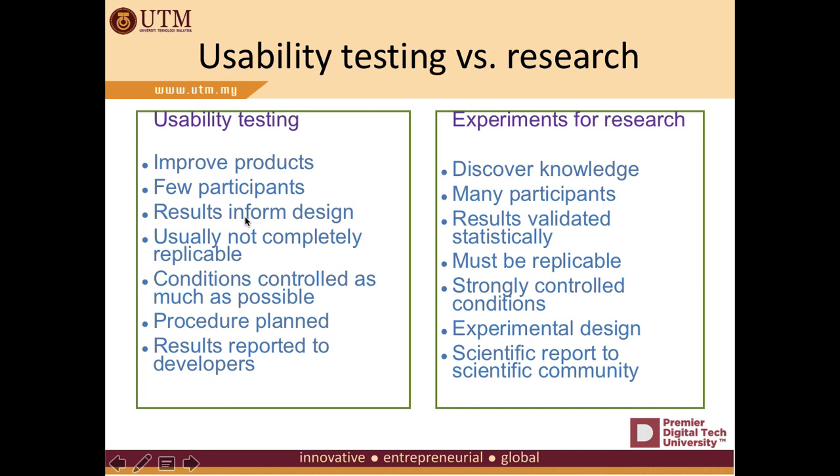The result of usability testing informs how to design better, but for experimental research the results are validated statistically. And this is the last one: results are reported to developers for improvements of your software, but if you do usability testing in research, you might produce a scientific report for the scientific community.